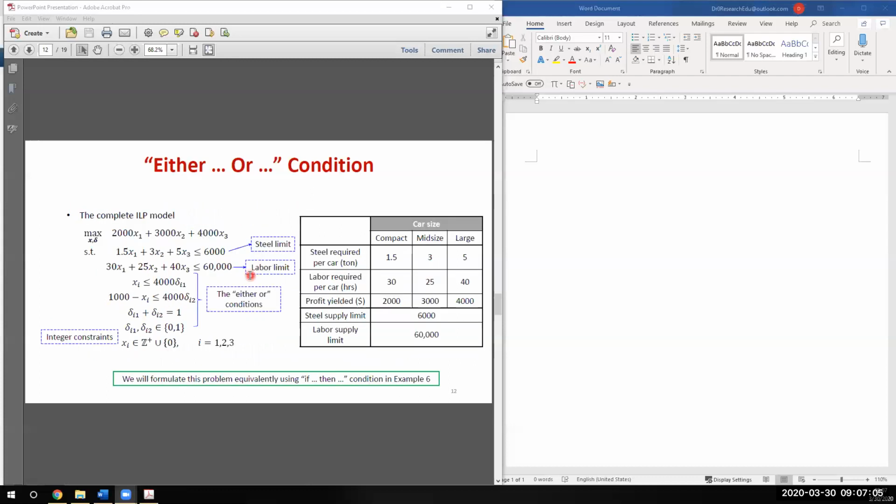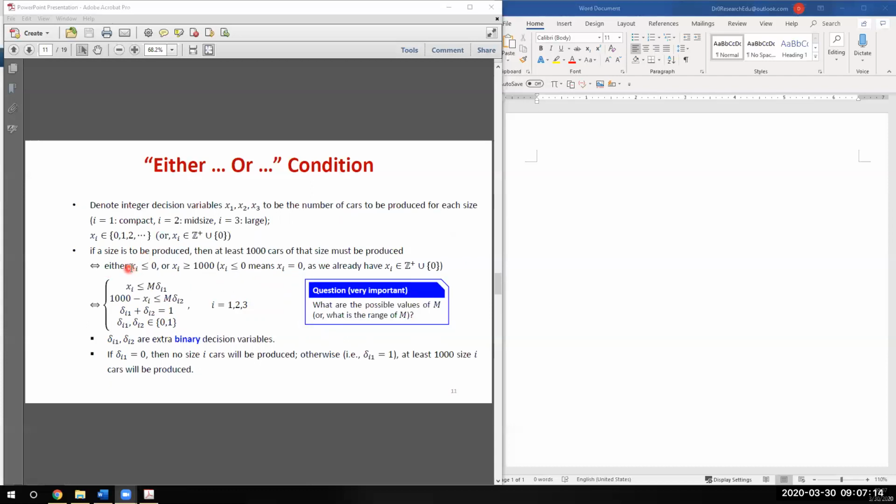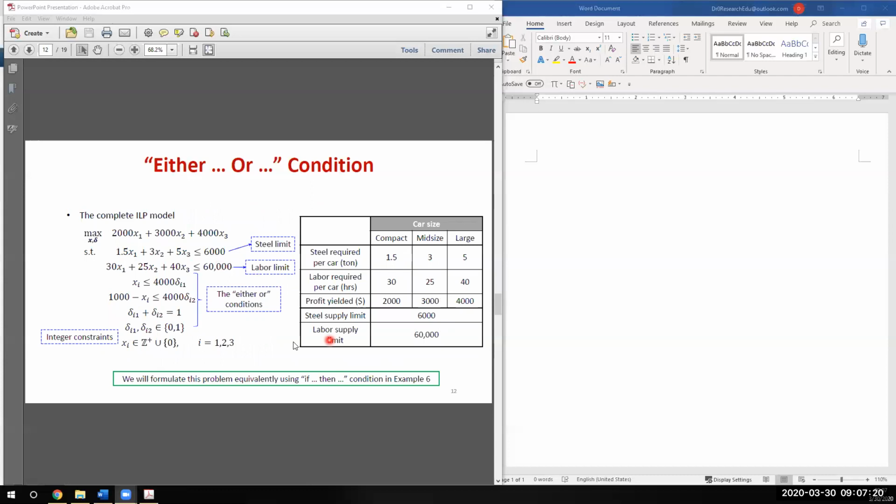And in this problem, we can simply take M equals 4,000. Why? Because M is the upper bound of these two functions. Function 1 is xi. Function 2 is 1,000 minus xi. So 1,000 minus xi is clearly smaller than 4,000. But how about xi?